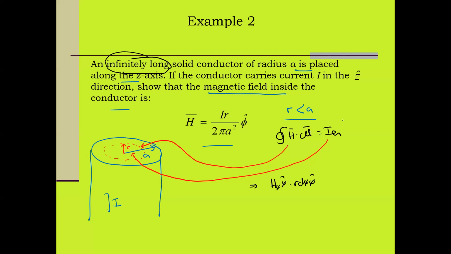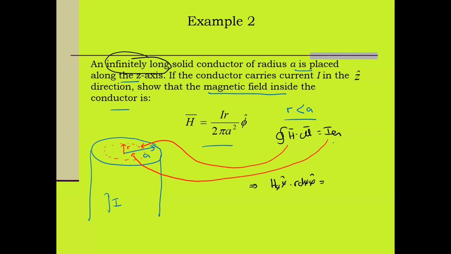Okay, so we know that dl is the dl on this particular loop, and knowing that this is a circular structure, the dl will be equal to r d phi, the direction of phi, and for the h vector, because the dl is in a phi direction, it must follow suit, in which it must be in a phi direction also.